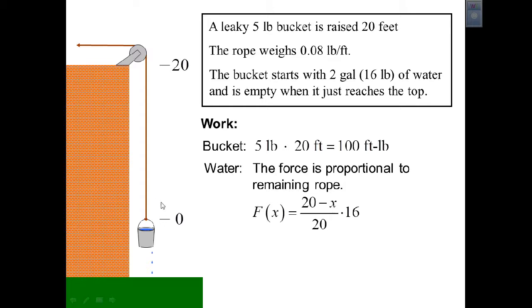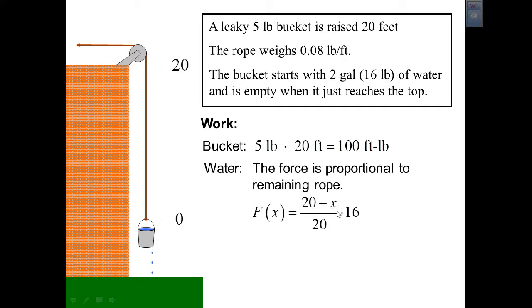So, for instance, when we go 5 feet up, we're going to do 20 minus x. That would mean 20 minus 5 gives us 15 over 20, which gives us 3/4, and then we would have 3/4 of 16, because if the water is proportionally leaking as we go up, then at 5 feet we should have 75% of the water left, because the ratio here is 75%.